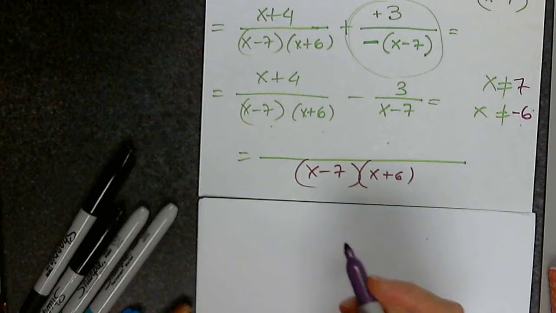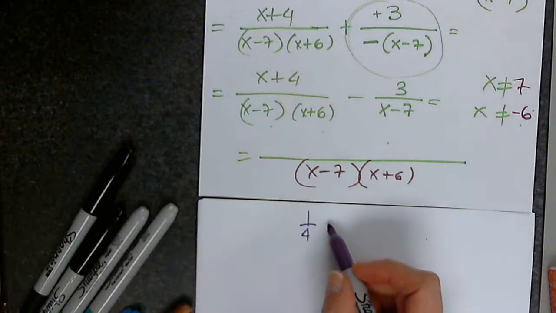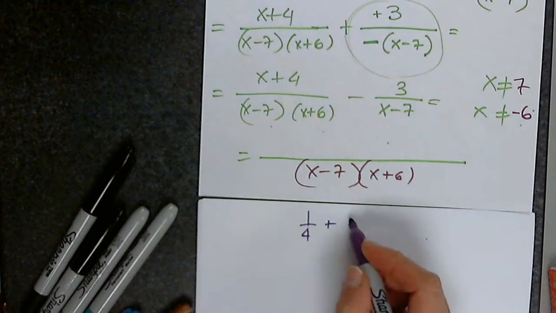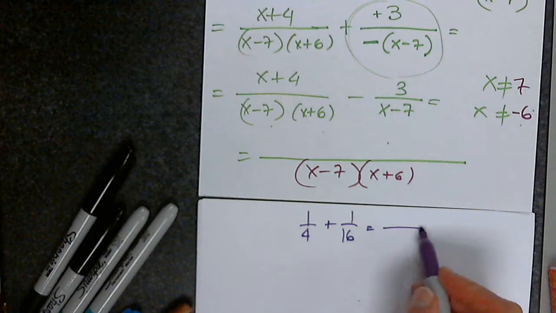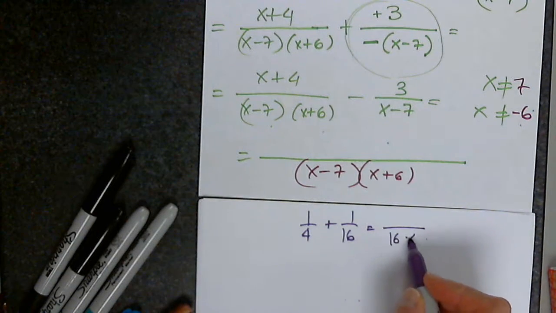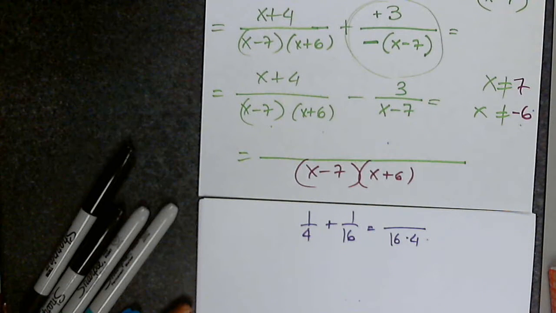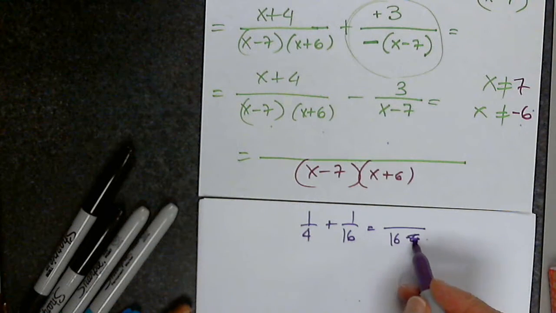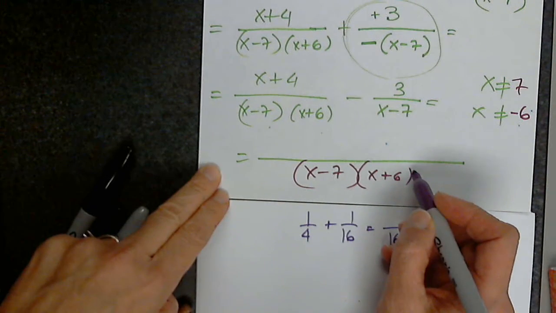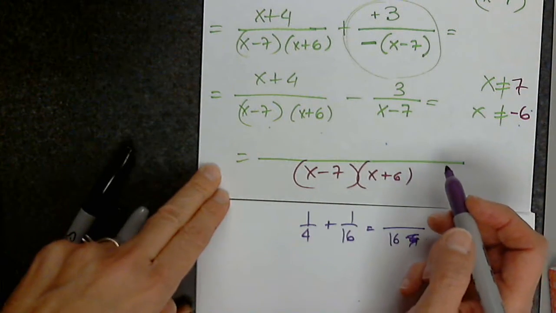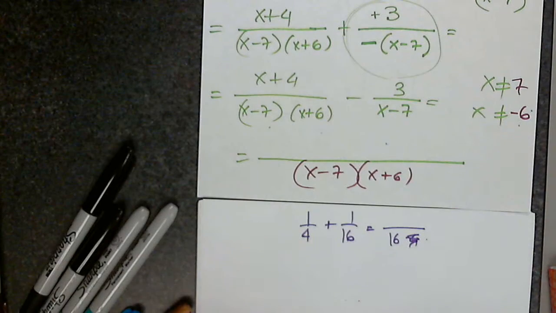If I have 1 over 4 plus 1 over 16, I'm not going to say 16 times 4, right? Because 16 is good enough. You can put any power you want above 1. They will all work, but they will not be the least common denominator. They will be much bigger.